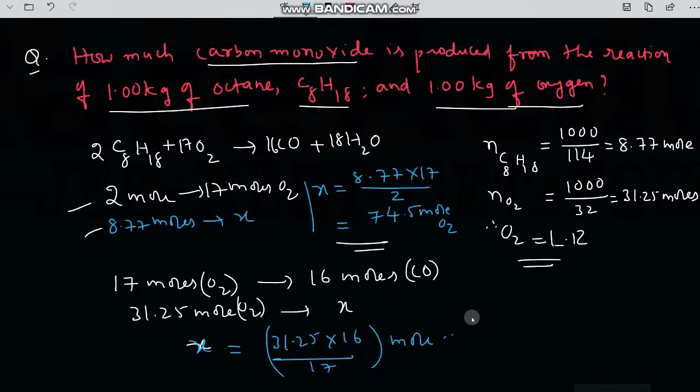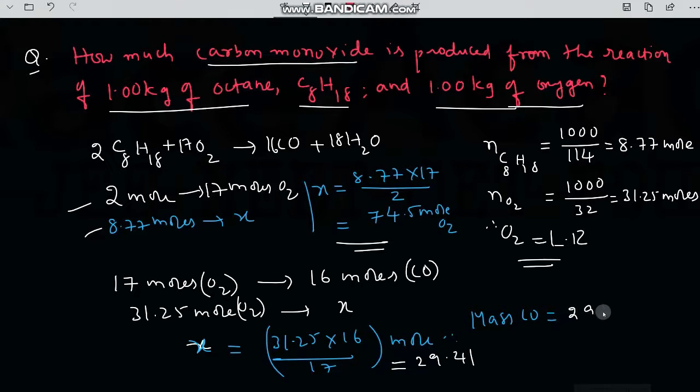Therefore, from this we can find the mass of CO. Let us simplify this and see the calculation. After the simplification of the number of moles, I got 29.41 moles.